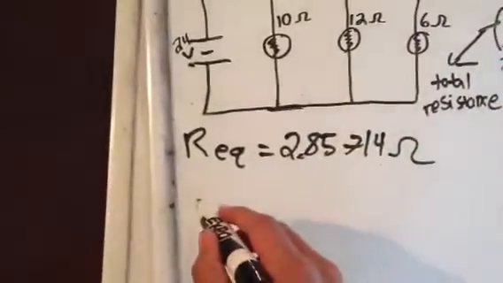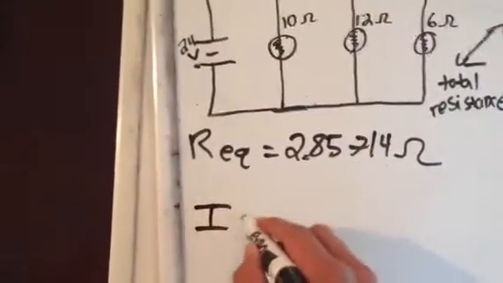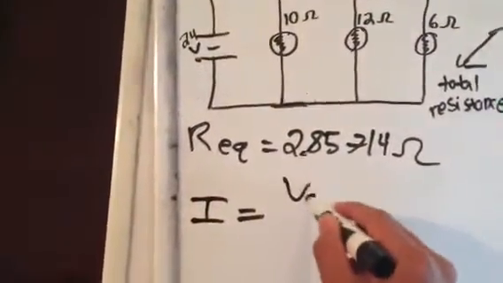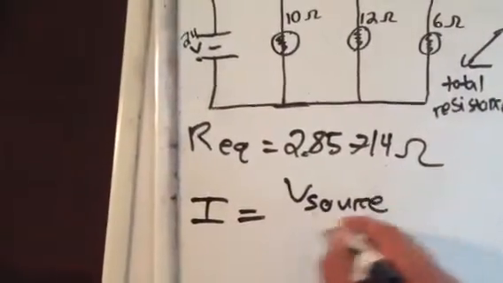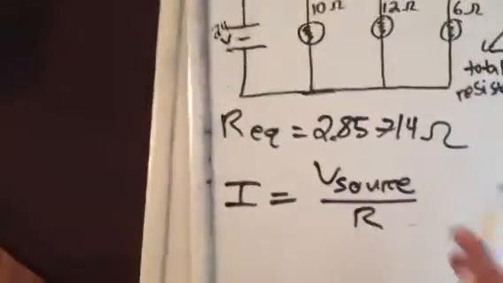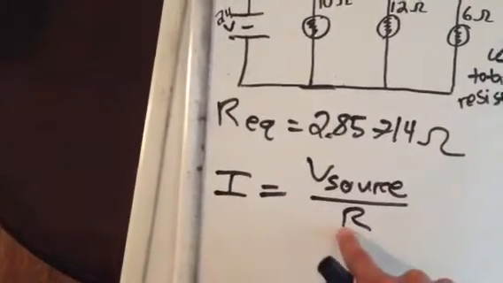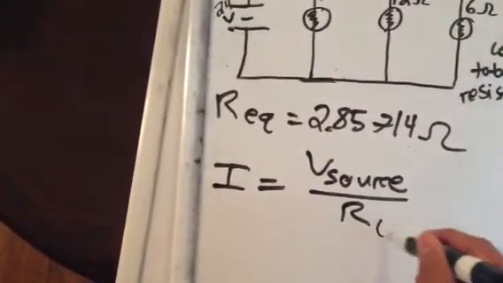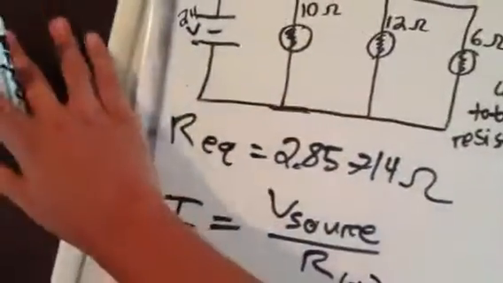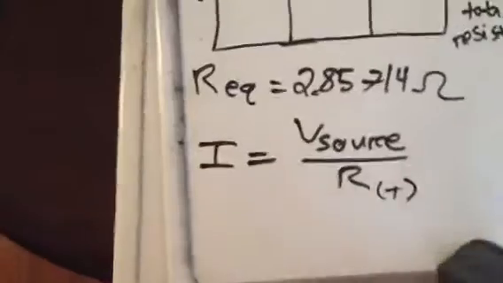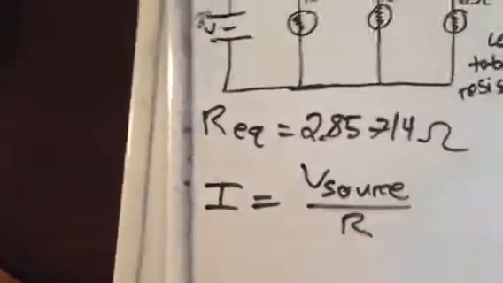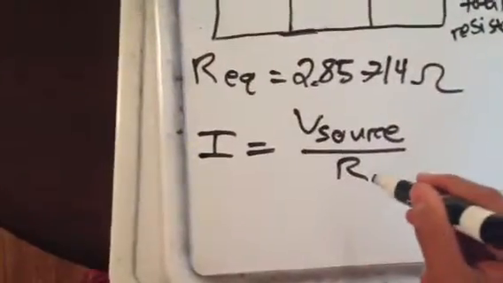So remember, in a series circuit, you found current by doing V source over R. Well, don't worry, there's really no change here. In a series circuit, it was just R, which in parentheses was RT. But now, in this problem, we're going to just put V source over Req.